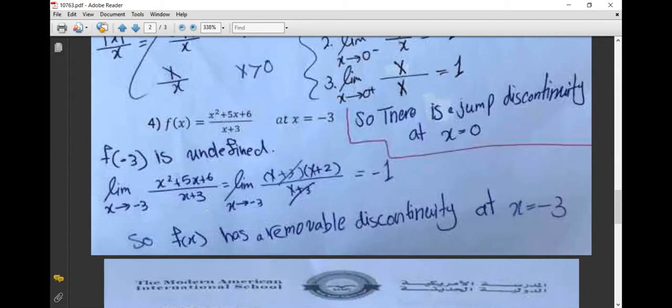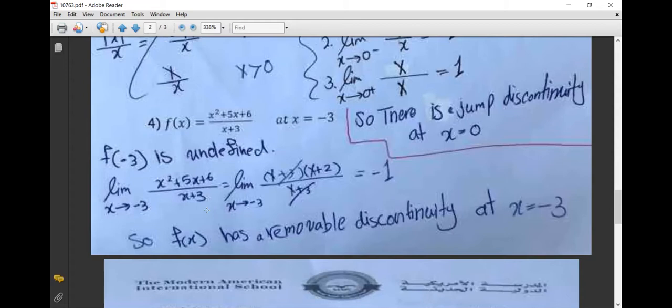Okay, so this is not continuous. Wait, so what does removable discontinuity mean? Yeah, this is called removable discontinuity because at minus 3 it was undefined, but when we factorize it, we get the conclusion that before 3 it is applicable and after 3 is applicable, right?